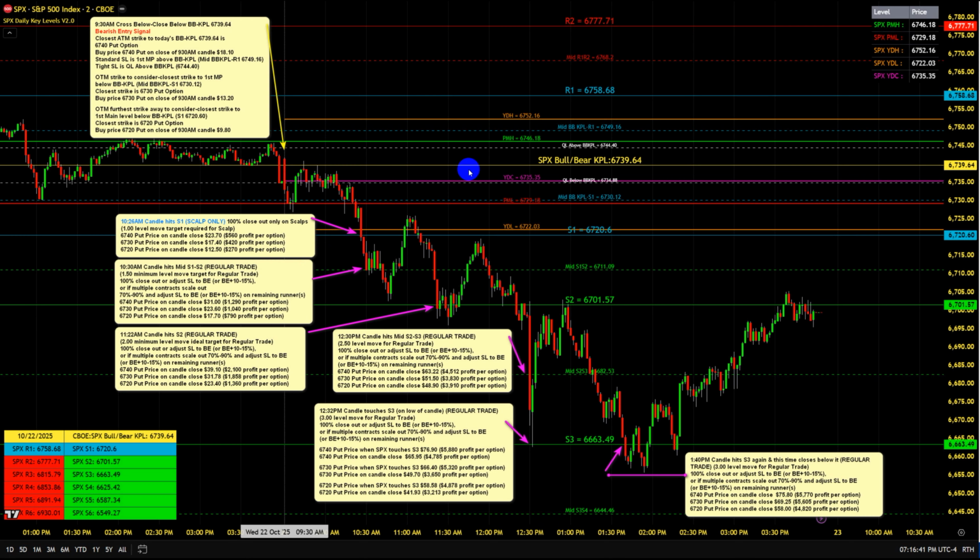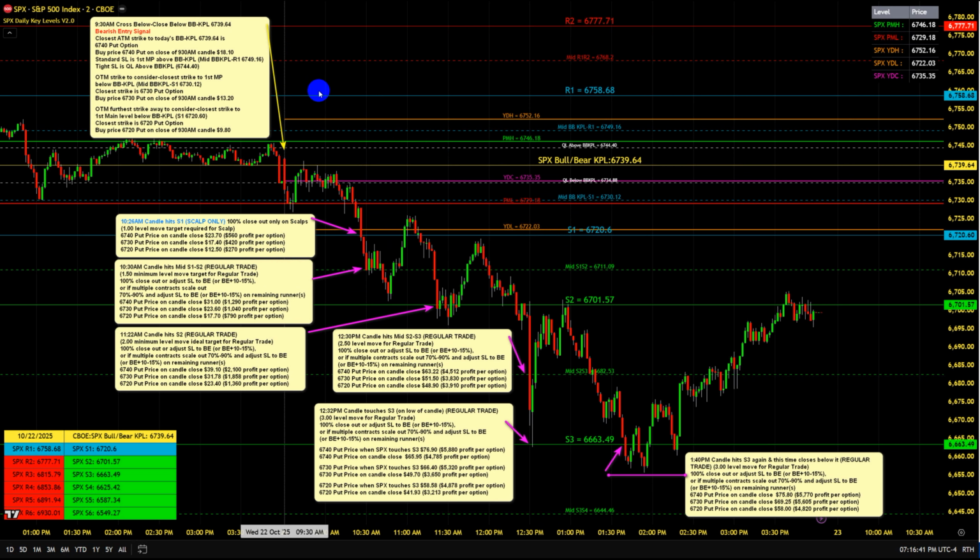The reason for that is it is too far away from this bull bear key price level, so you do not want to consider that a trade to be triggered, even though it's the opening candle. Those types of sessions will happen every now and then, and if you see that happen, it's typically best to skip that trade and not take that opening candle trade where it is opening and closing far outside the R1 or S1 level.